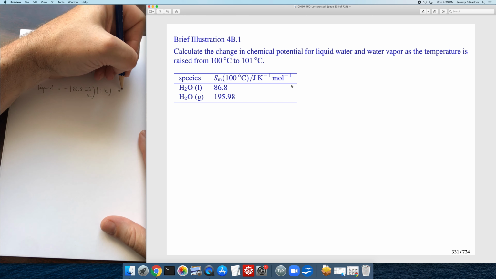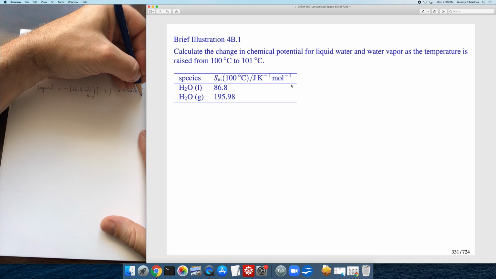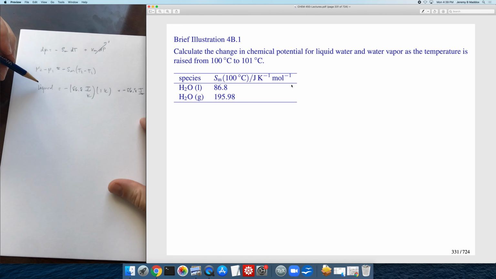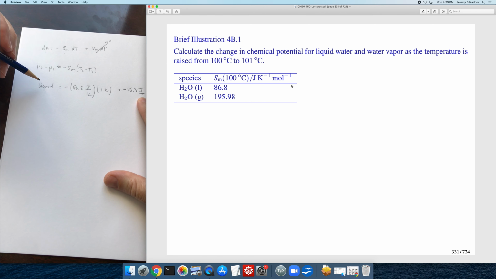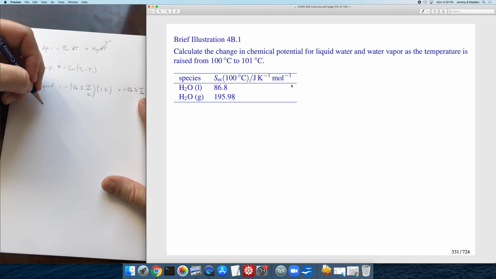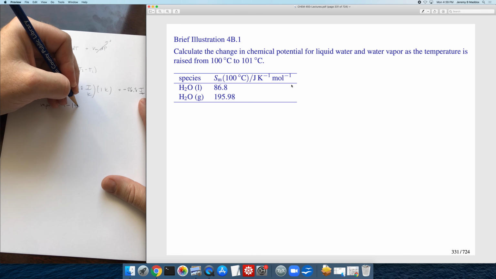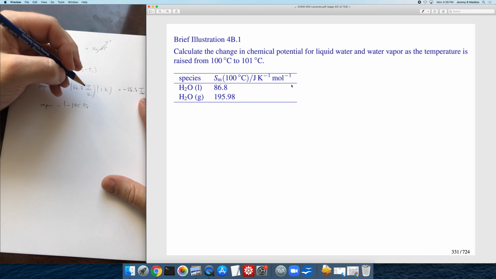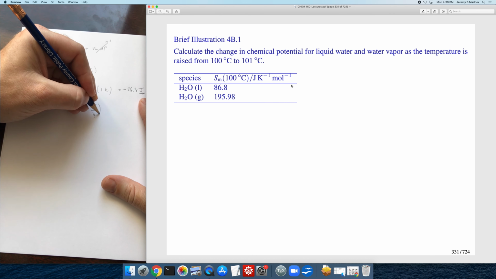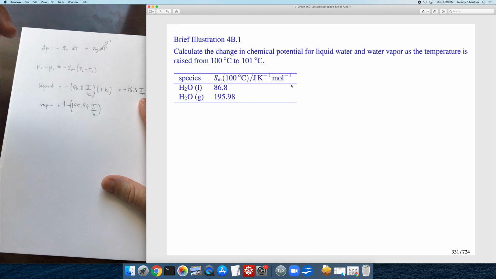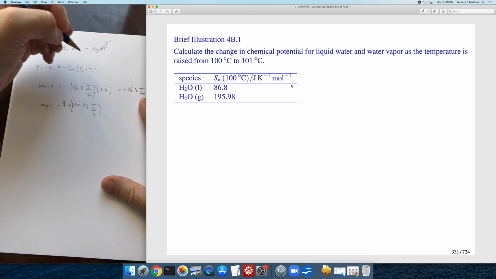So we get minus 86.8 joules. That's the difference in chemical potential when you heat it up by 1 degree. For the vapor, it's the same thing, only we use the minus 195.98 joules per Kelvin.